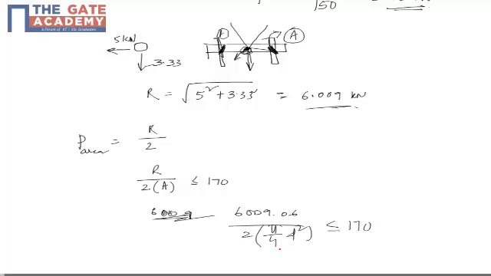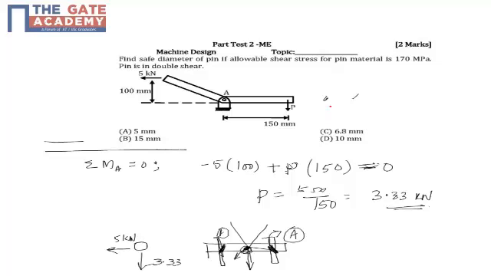So directly you will get d in mm. d has to be greater than or equal to 4.74 mm, and we take this as 5 mm. Let's look at the options. So 5 mm, the answer for this is A.